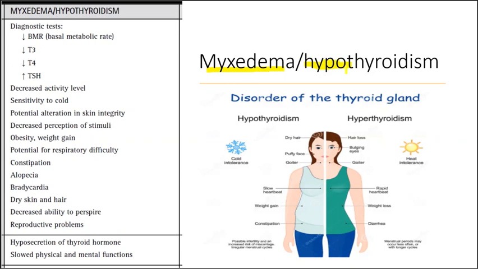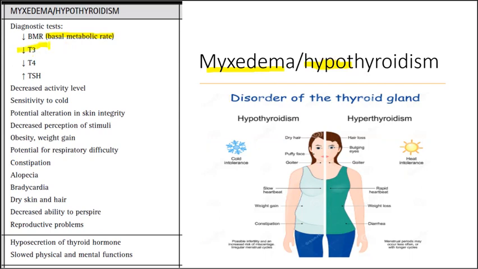In terms of our diagnostic tests for a client with hypothyroidism, like we said, everything comes to a slow. So there's a decrease in basal metabolic rates because the thyroid glands are not producing enough thyroid hormones. Our T3, which is our triiodothyronine level, drops.